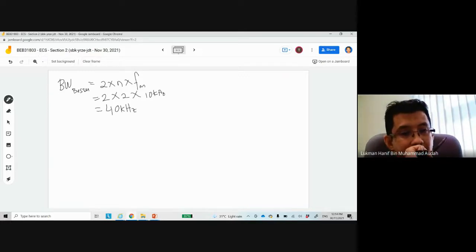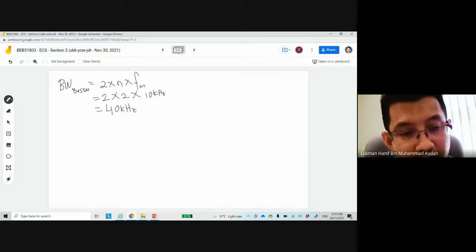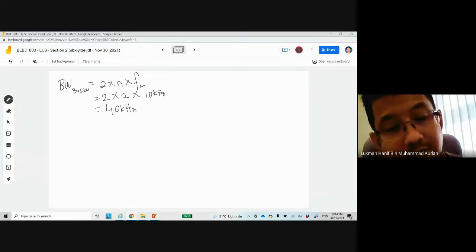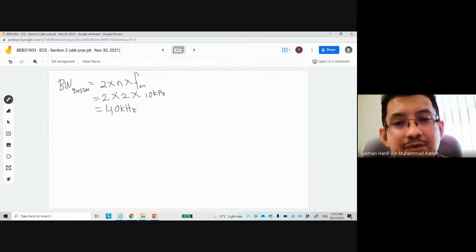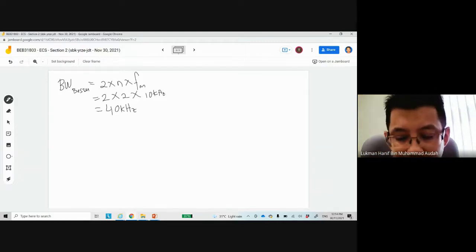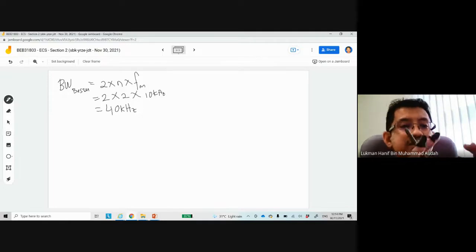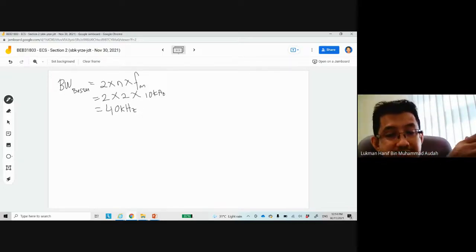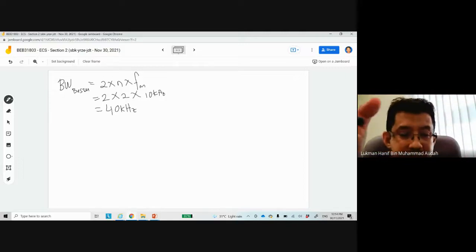So this is equal to 40 kilohertz. However, the question asks 99% from the bandwidth. Kenapa dia cari masalah 99%? Kerana ini sebenarnya dia nak merujuk kepada filtering system, where the filtering system only cover up to 99%, for example. It depends berapa persen you nak cover for the filtering system.